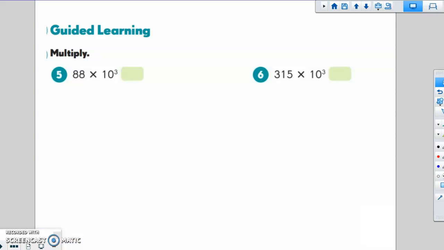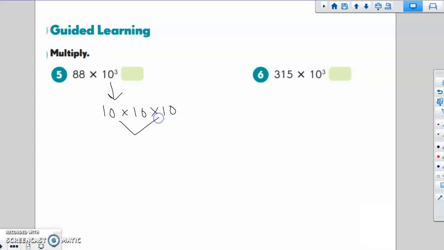If we were to practice using this exponent in a multiplication problem, I look at number 5, I have 88 times 10 to the third power. I know that 10 to the third power is the same exact thing as 10 times 10 times 10.